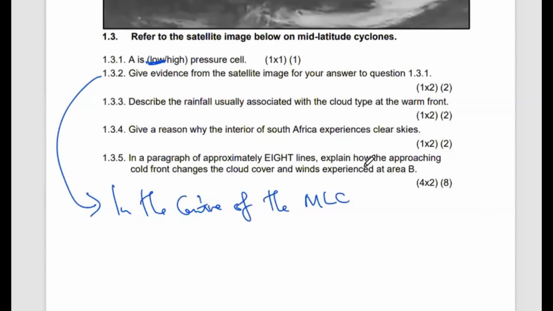We can also argue that we can see that there's clockwise circulation. How do we see that there's clockwise circulation? We see it's indicated by the clouds.